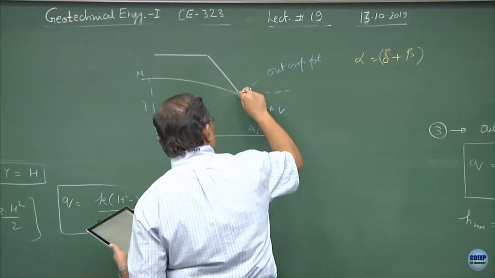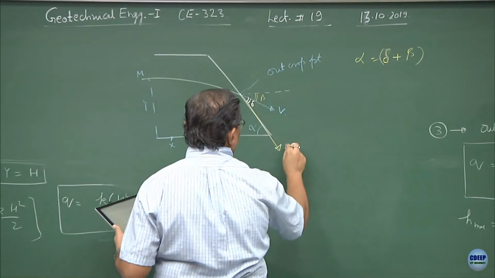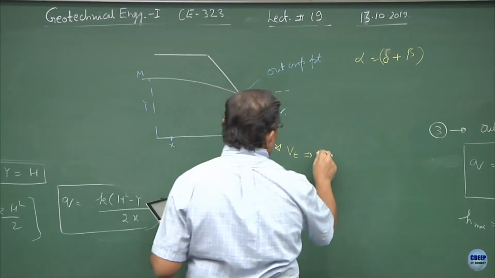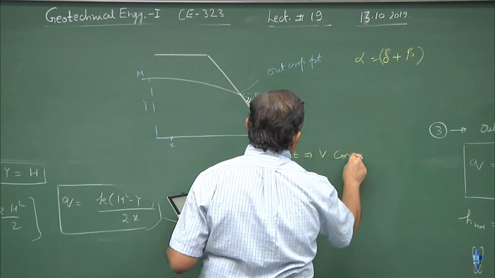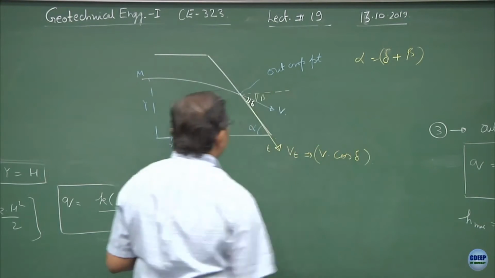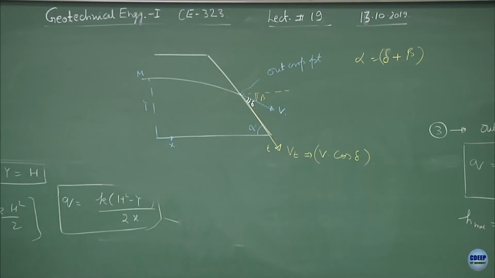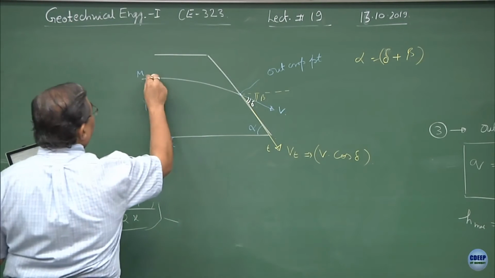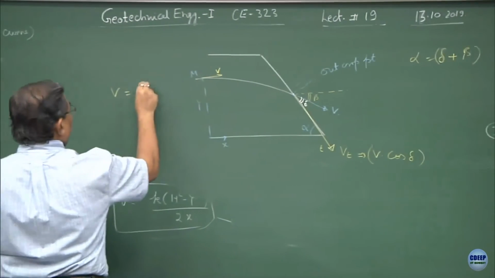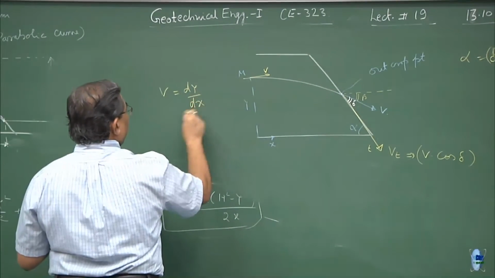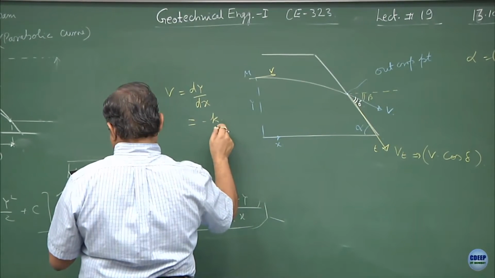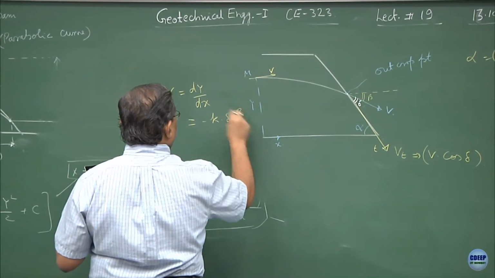if I assume the component of V in this direction, let us say this is a t direction, as V into cos of delta, I can show that at this point the velocity is going to be equal to dy by dx, and this will be equal to minus k into sin beta.